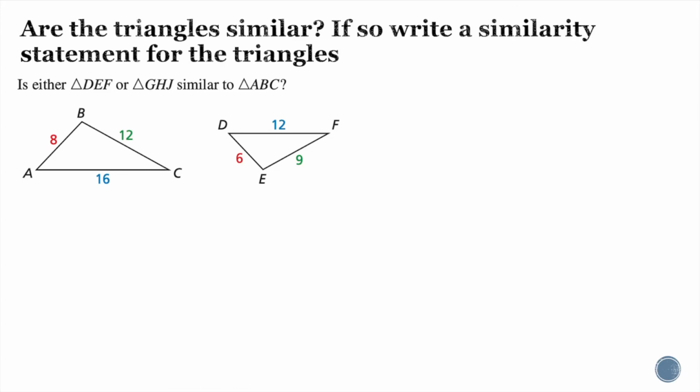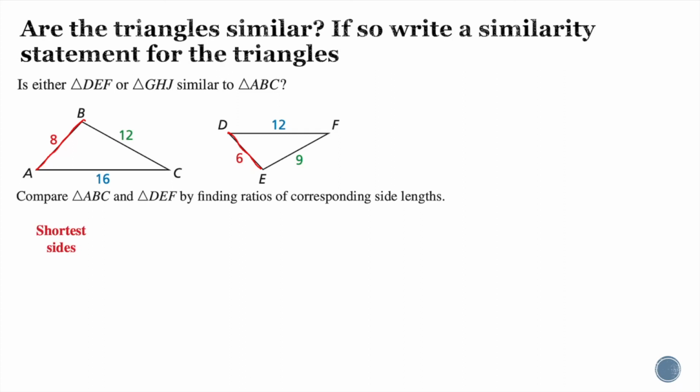Here, the first thing I'd like to do is identify the short side, because I need to compare the ratios and find out whether they're equal. So looking at the shortest side, I have AB divided by DE, which is 8/6, which also reduces to 4/3.